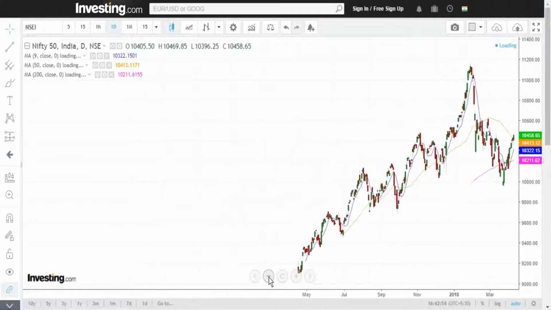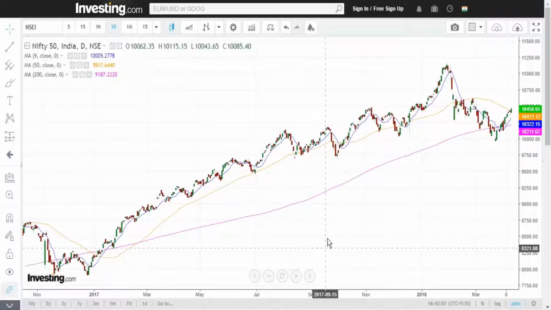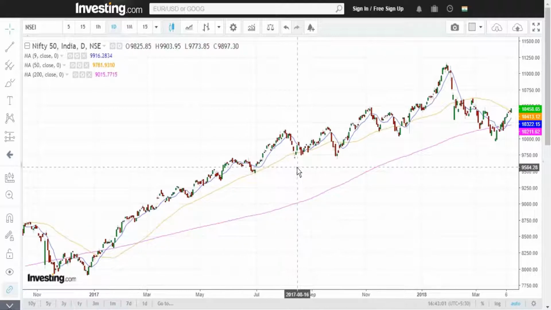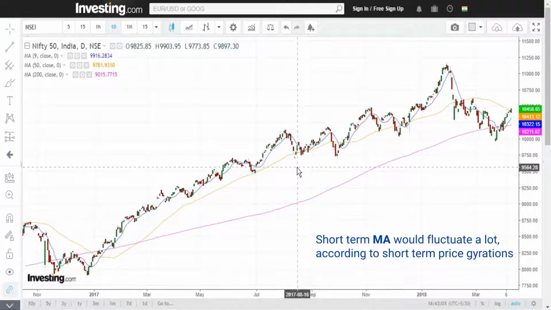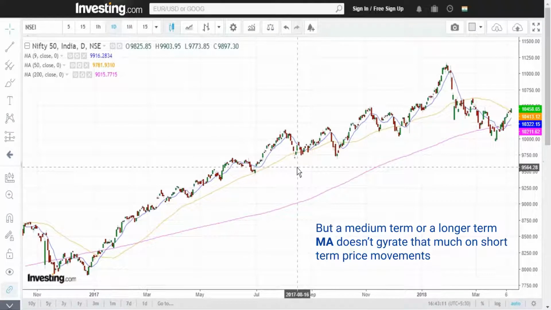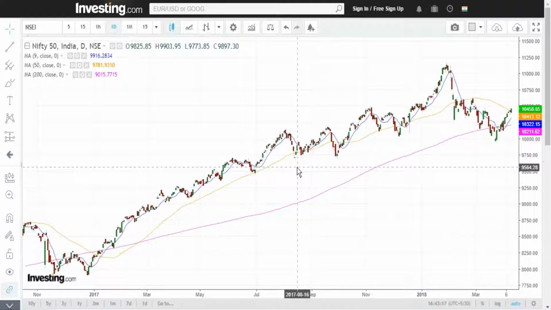So here we are getting the 200-day moving average, and we can see that it is even smoother than the 50-day moving average. A short-term moving average would fluctuate a lot according to shorter-term price gyrations, but a medium-term or longer-term moving average doesn't gyrate that much on shorter-term price movements, and that's why they are very significant.